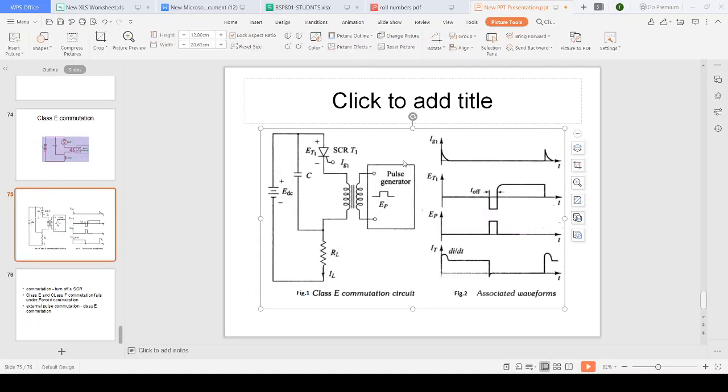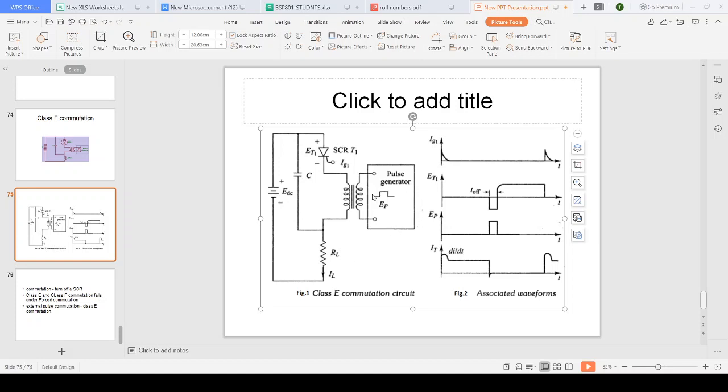Now consider another alternative representation of class E commutation. In this diagrammatic representation, EDC is a DC voltage supply, C is the capacitor, SCR T1 is a thyristor, RL is the load resistor, and IL is the current flowing through this resistor.